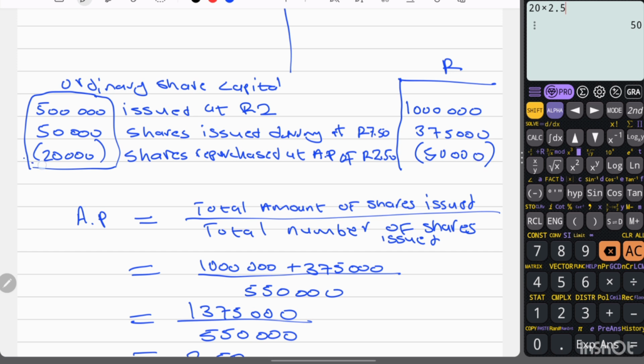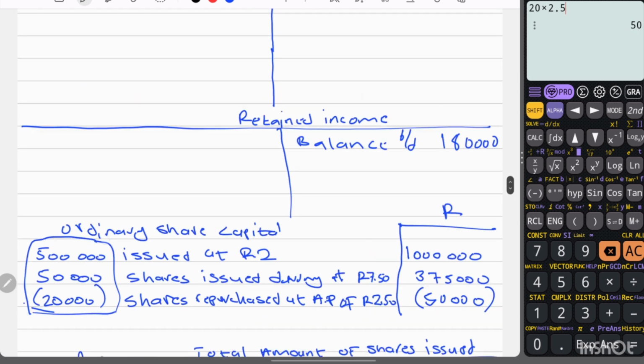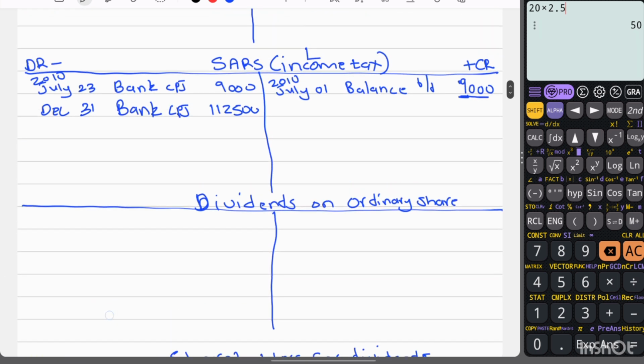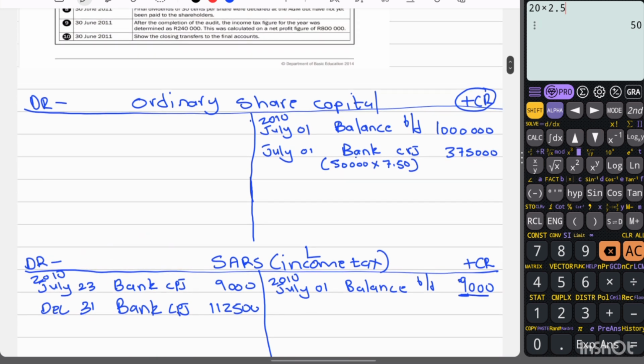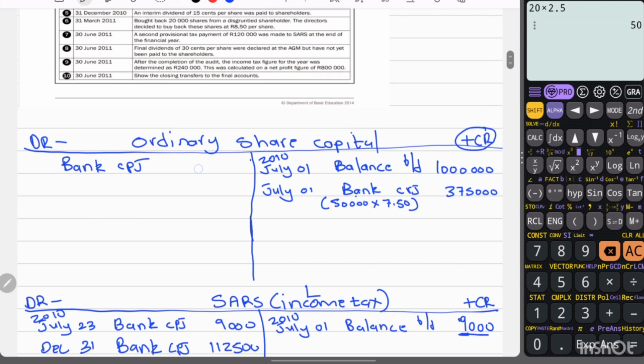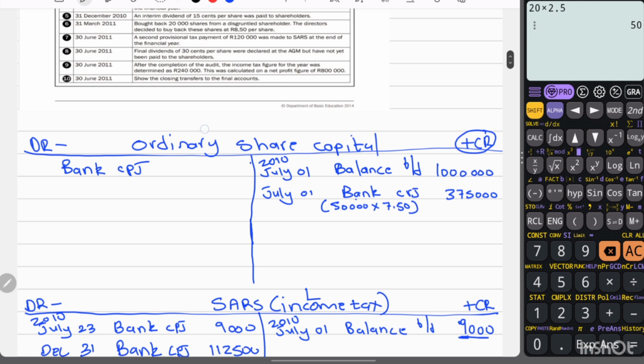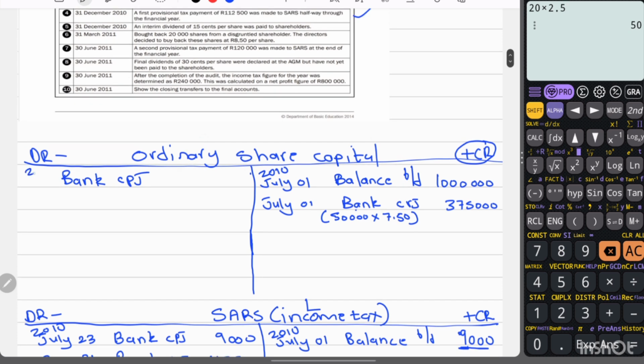Then I'm going to take this one as it is to the ordinary share capital ledger. Okay, because money is going out, it means our ordinary share capital will decrease. Bank, CPJ. When was the buying back of shares? The buying back of shares was on 31 March 2011.